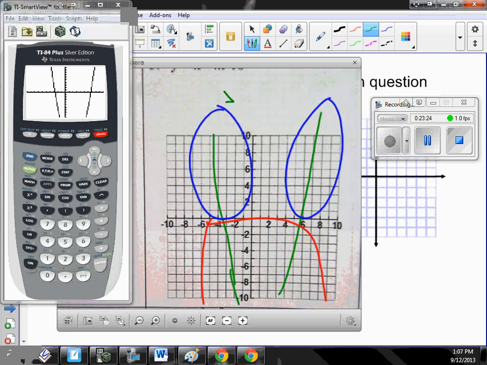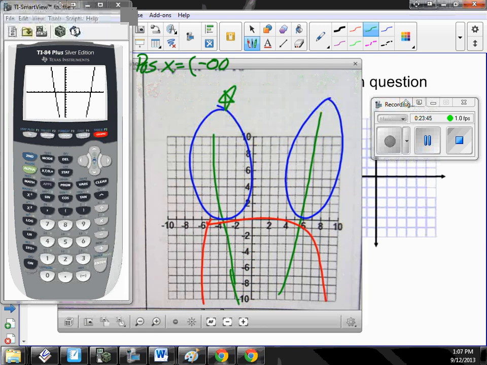So if I started with this section, which x values are going to make that negative? Or positive, sorry. So my positive version is x equals, I heard -infinity, all the way up to, I don't know. I need to find that value.